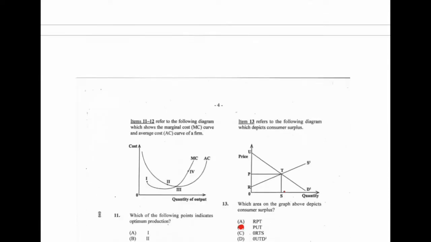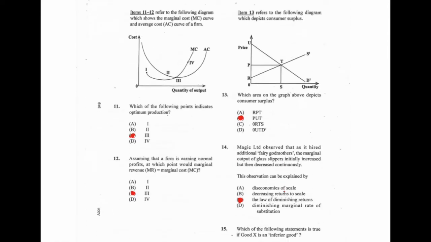Okay. 11 says, which of the following points indicates optimum production? For this question, it would be where 3 is, because this is the minimum of the AC curve, and remember, the minimum of the AC curve indicates productive efficiency.